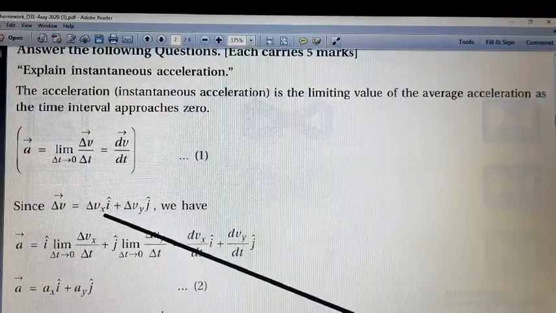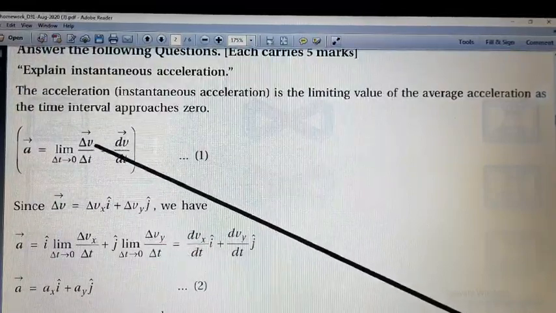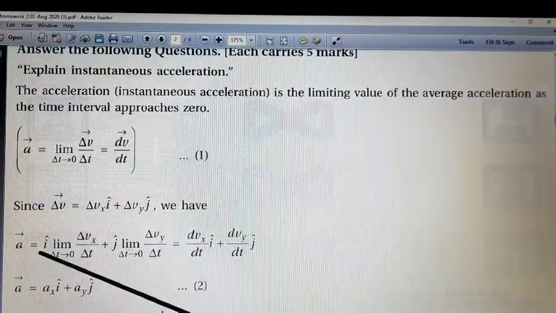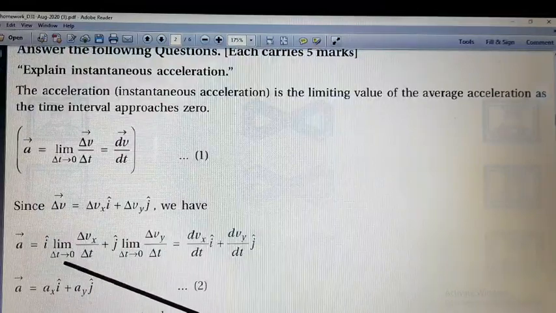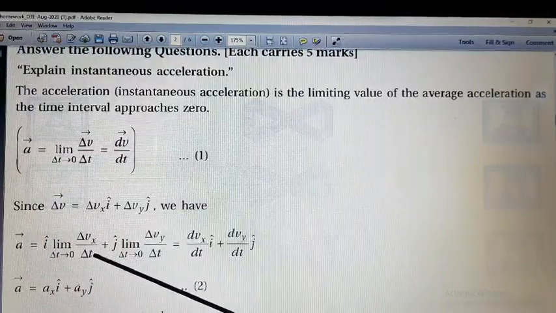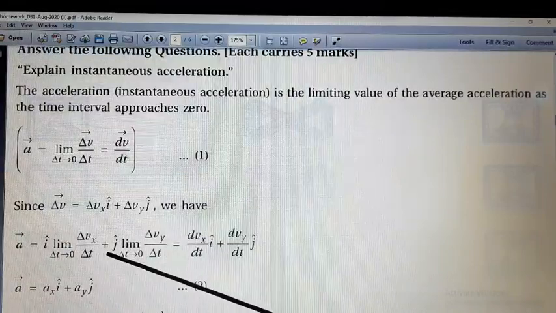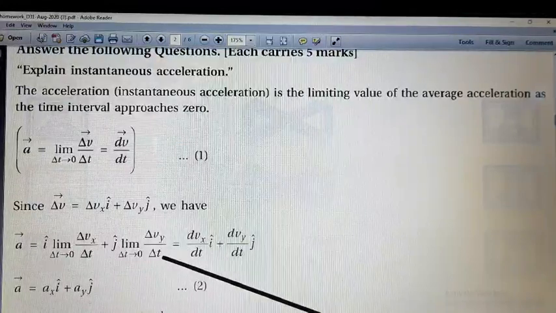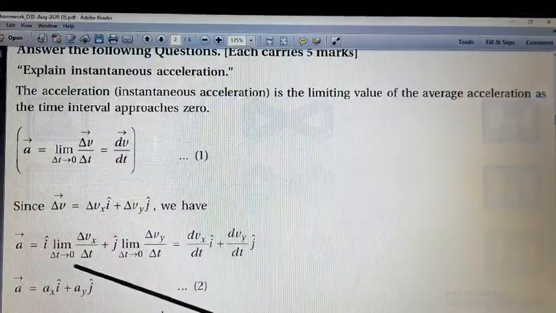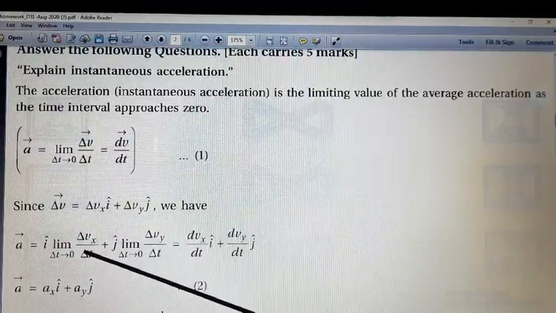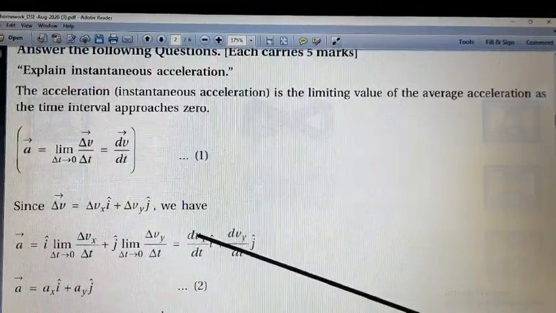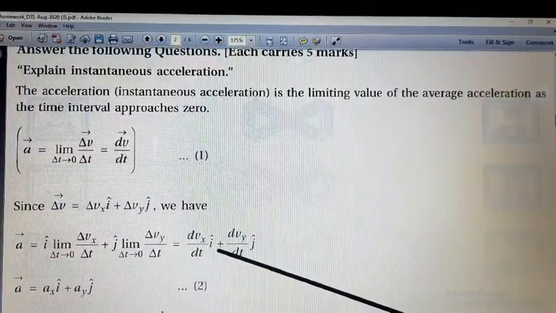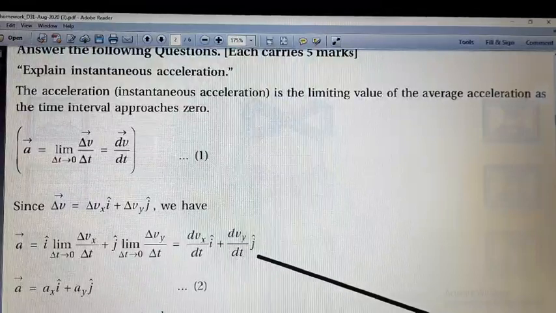Substituting this value, we can write i caret limit delta t tends to 0 delta vx upon delta t plus j caret limit delta t tends to 0 delta vy upon delta t. Now we remove the limit, so we can write dvx upon dt i caret plus dvy upon dt j caret.